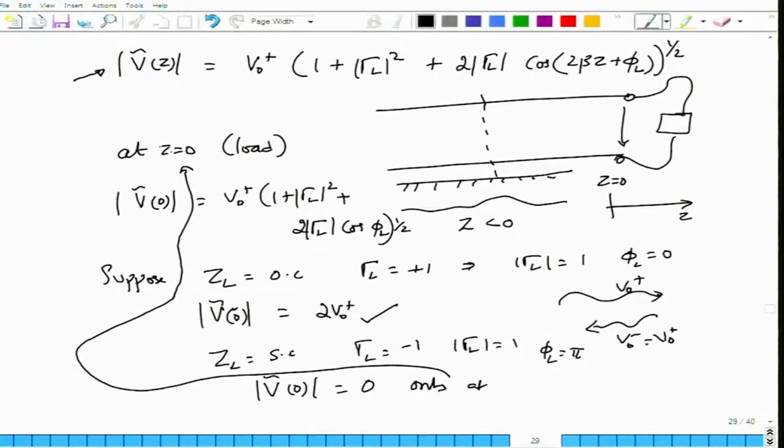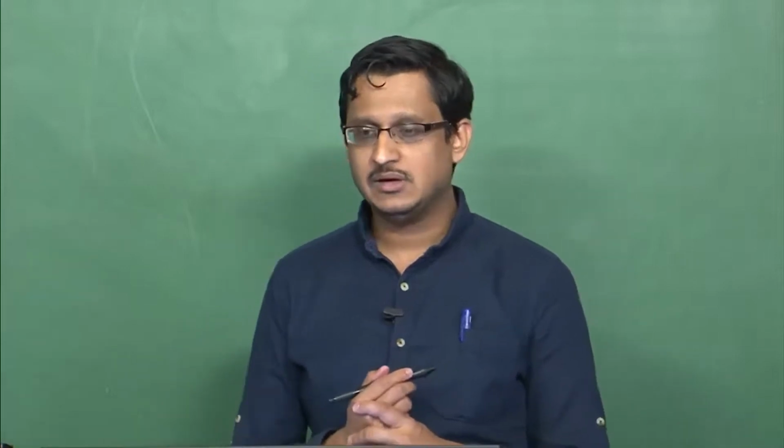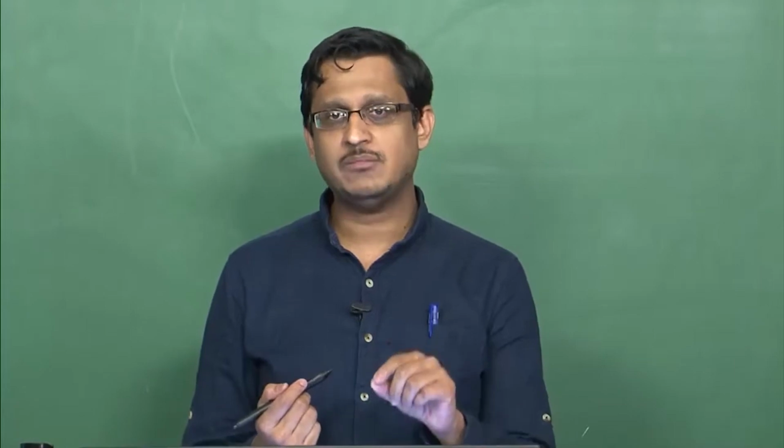Okay. But there is a certain point where the voltage magnitude will become maximum. When will that happen? If you look at the equation closely, as z changes, 2 beta z also changes, and the total argument of the cosine function, which is 2 beta z plus phi L, must go through some integer multiple of 2 pi at some point.